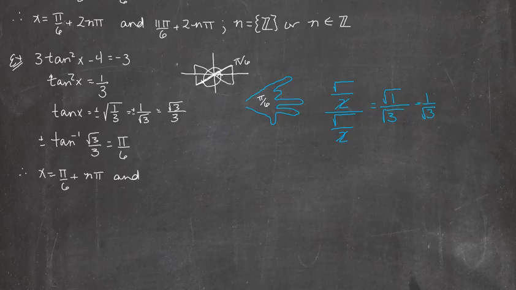Let's look over here. This would be 5 pi over 6. And I want to get this one caught up in there. So we're looking at 5 pi over 6 plus pi would give me the 11 pi over 6, and multiples of each if I add n times pi. And then again, just saying that n is an integer.